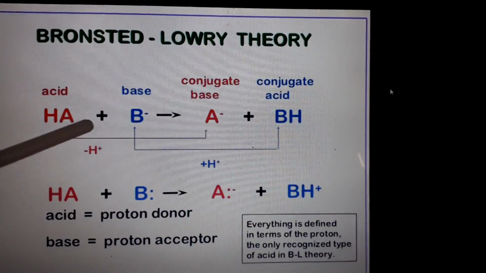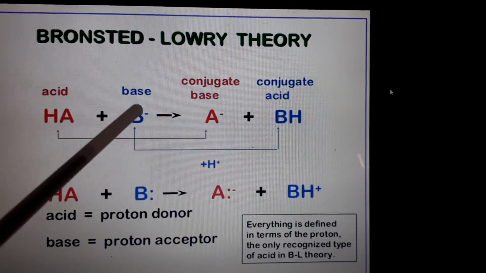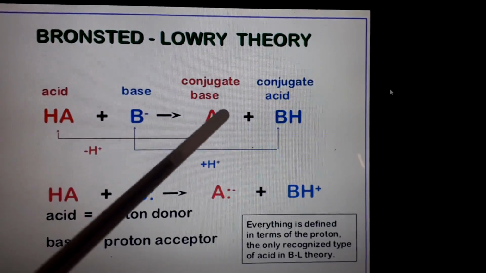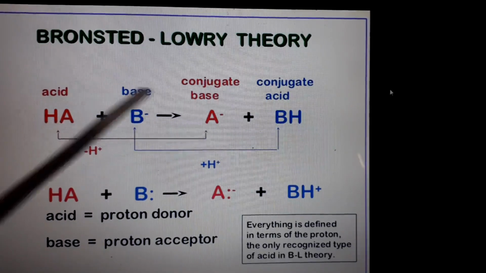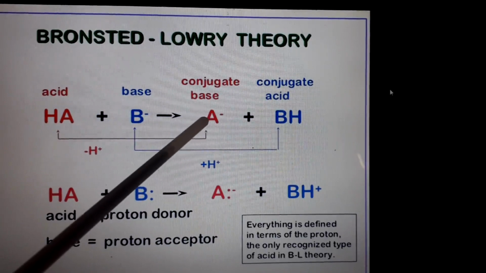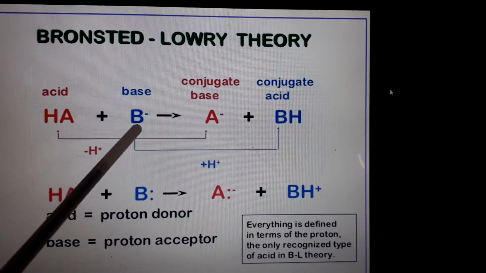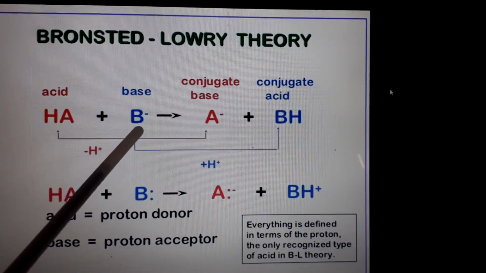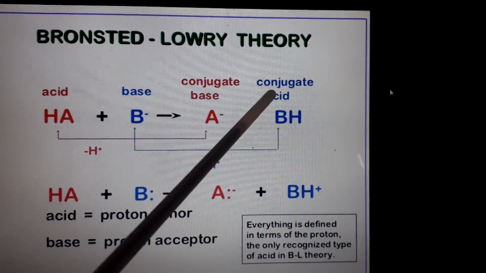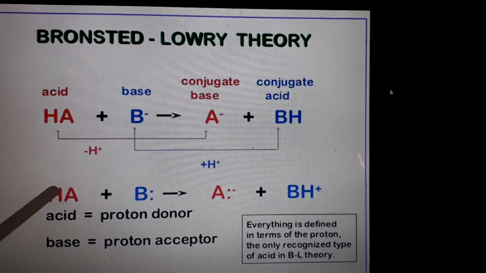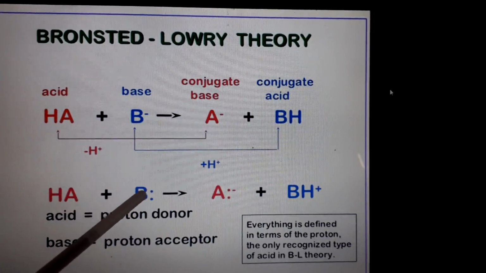Another simple example: HA is the acid, B minus is the base. The conjugate base from HA, after releasing H plus, is A minus. B minus accepts the hydrogen and gives the neutral BH, which is the conjugate acid. Another example: HA plus B with a pair of electrons.